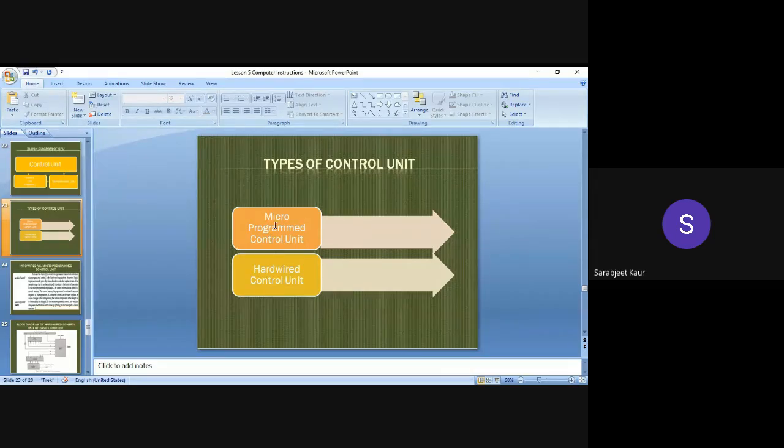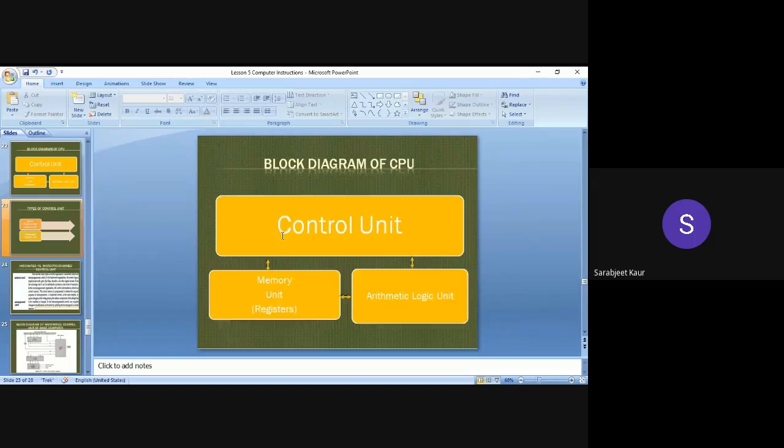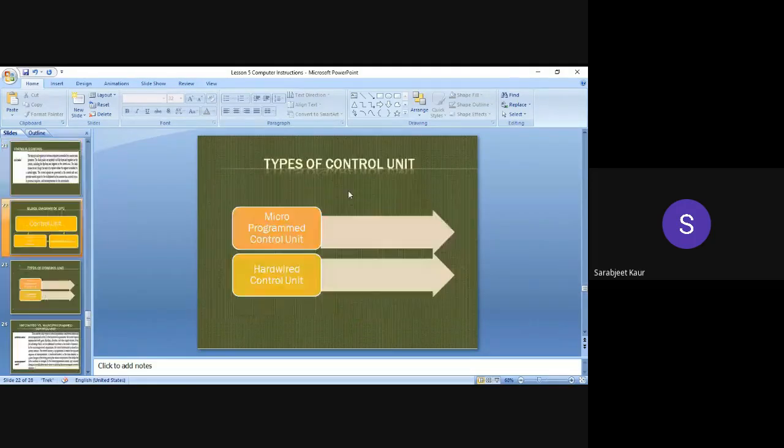In the microprogrammed control unit, there is a program in the control memory which controls the functioning of the control unit. This program can be changed, and therefore it is easier to modify this kind of a control unit.